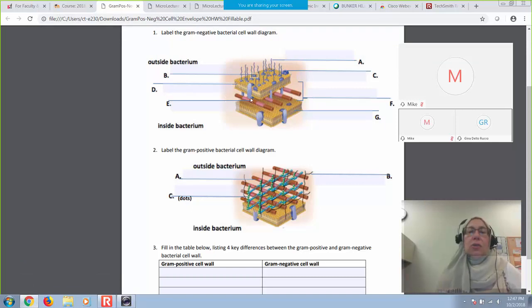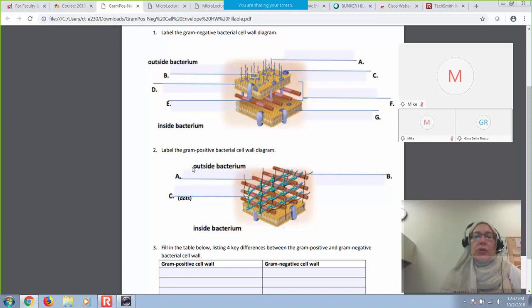These alternating colored cylinders represent the chains of glycan that are part of the peptidoglycan that you would find both here in E in the gram-negative cell as well as here in part A of the gram-positive cell. And finally, G, as I mentioned, is the inner membrane, or you could call it the cell membrane.